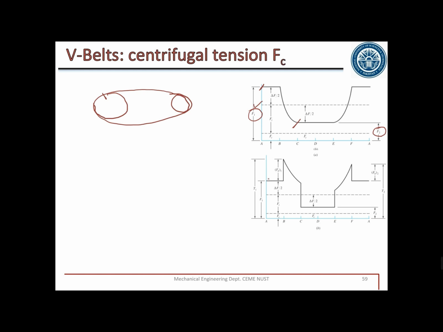So if we move from A and come again to A, the tension in the belt is F1, which we usually calculate here. At this point the belt is bending, and when it comes here, the belt again straightens out.